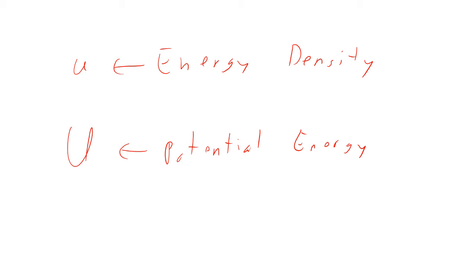We want to find the energy density because we already know the energy stored in that capacitor is 1/2 CV squared. I want to know the energy density in that electric field.